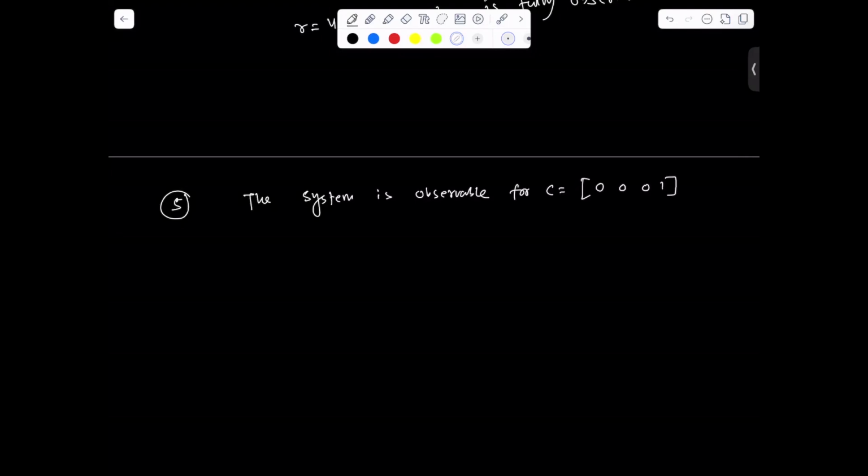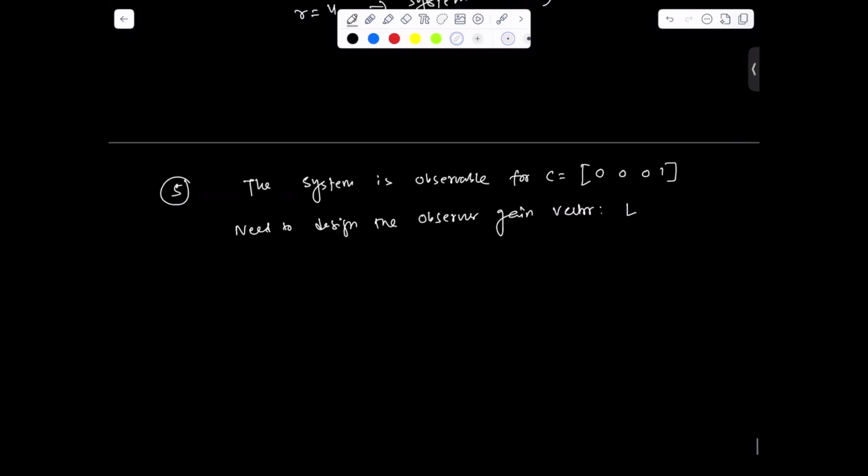So in this case, we need to design the observer gain matrix, gain vector, we can say L, right?